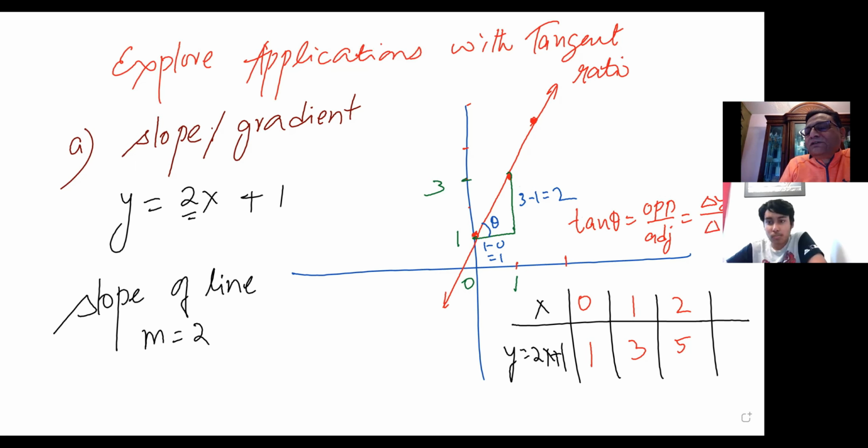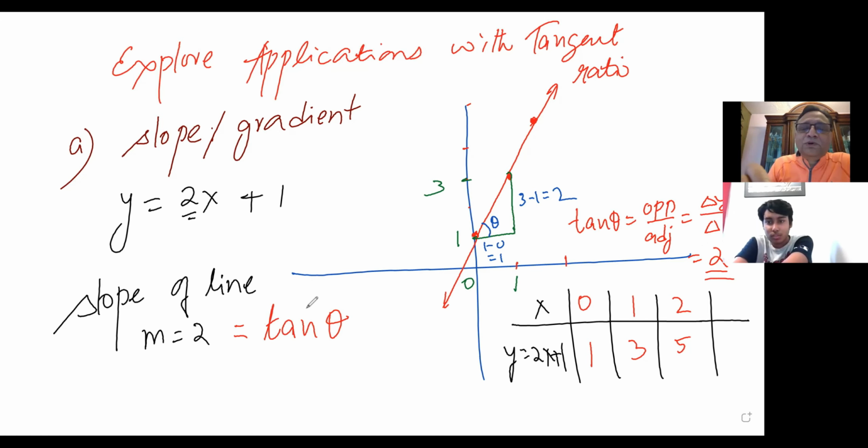So this is basically equal to the slope, which is 2 in this case. Therefore, the slope value is also equal to the tangent of angle theta. You understand now? So slope is directly related to tan theta.